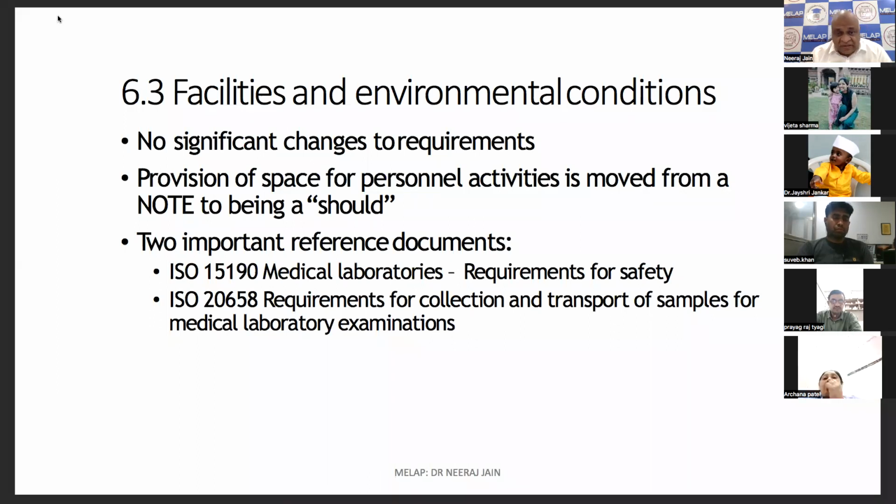Then there are 33000 and 135001. These are also documents related to risk management. There is one CLSI document also related to risk management, and two CLSI documents related to pre-examination activities. These are supportive documents, providing these requirements in detail.